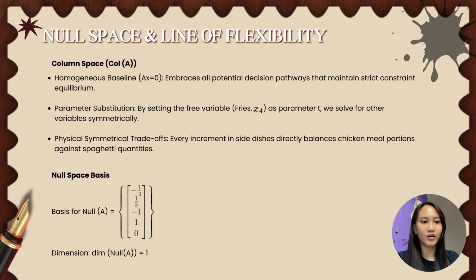We can solve for all the other food variables symmetrically. This creates a physical symmetrical trade-off. Every single increment in our side dish fries will dynamically and automatically balance out our main chicken meal portion against the spaghetti quantities.